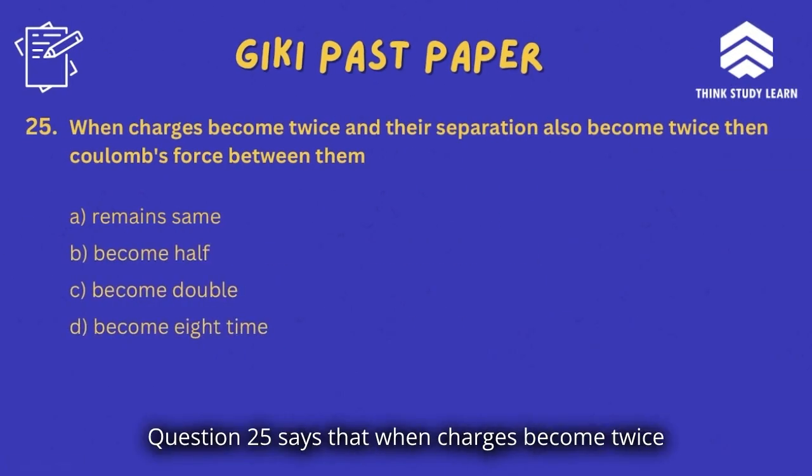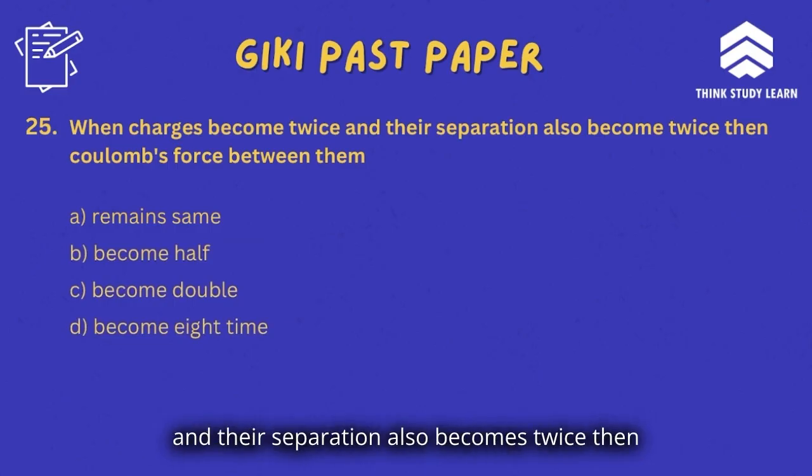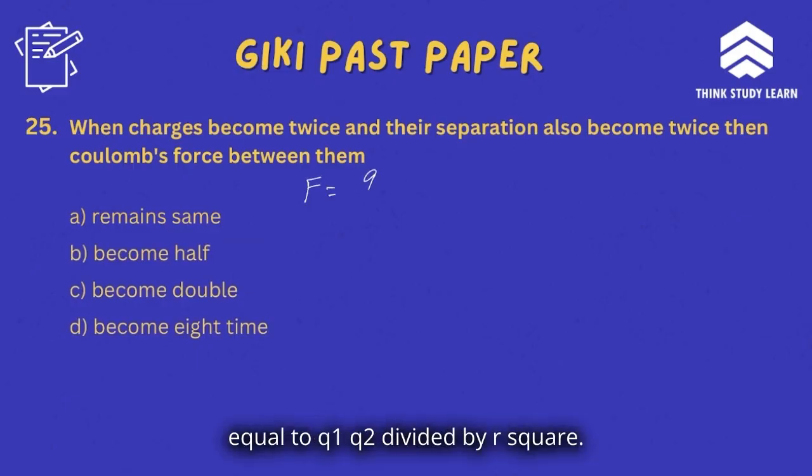Question 25 says that when charges become twice and their separation also becomes twice, then Coulomb's force between them... Now we know that the Coulomb's force is F is equal to Q1 Q2 divided by R square.